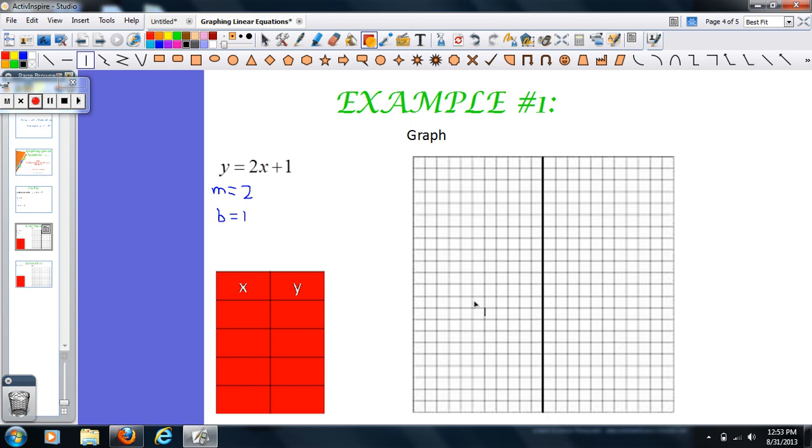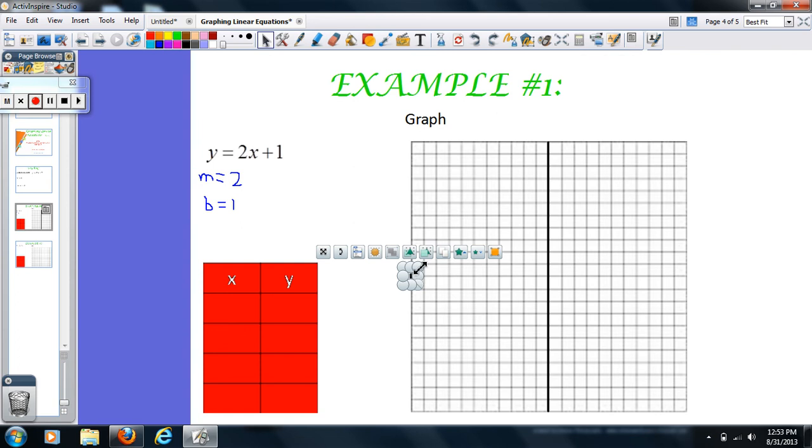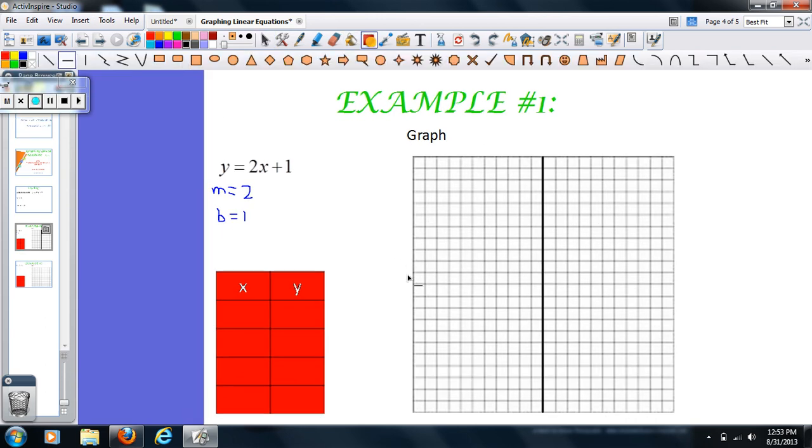And I'm also going to go ahead and put in my coordinate plane, which is something I want you guys to get used to: you don't always have to have your coordinate plane, your x and your y axis, right in the center. You kind of want to base it on what your graph's going to look like and where the majority of your values are going to be.